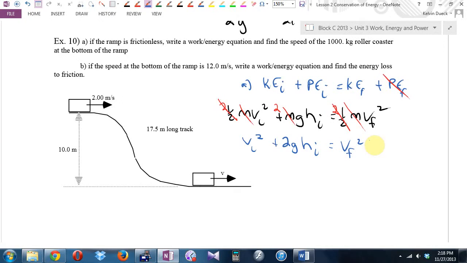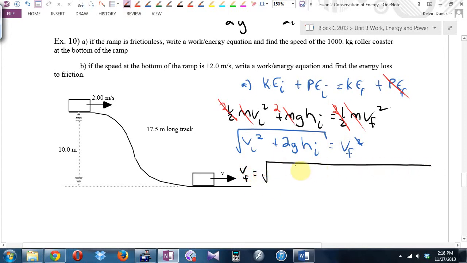Rather than rewrite it, do you mind if I scribble out a big square root? Okay, let's plug. V final is going to be 2 squared plus 2, 9.8, 10.